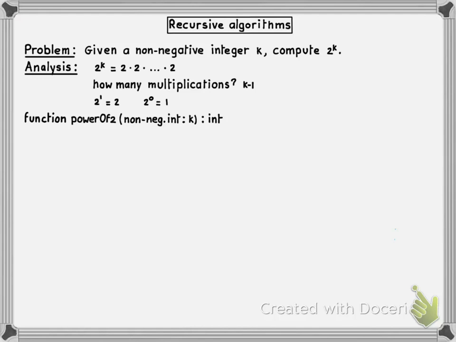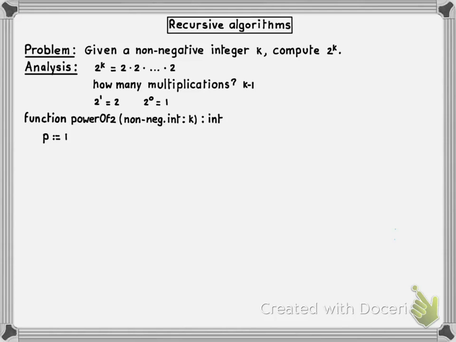Now we're going to use a variable to store this product, and we're going to obtain this value by executing a loop that repeatedly multiplies that product by 2. Now what should be the initial value of the product? Well, it should be the smallest value that we can return, which is 1. So let's call this variable p for product or power, and let's initialize it to 1.